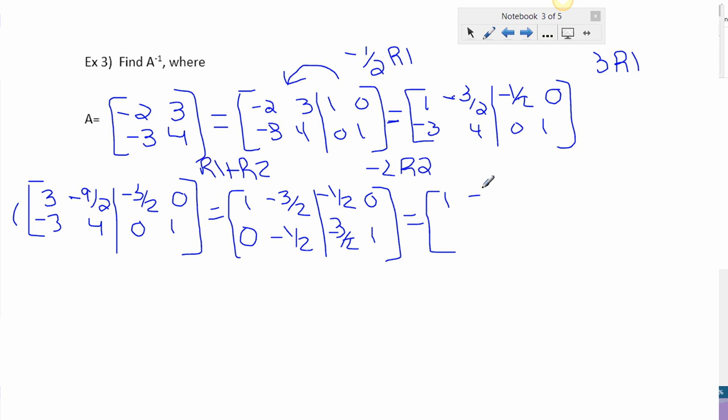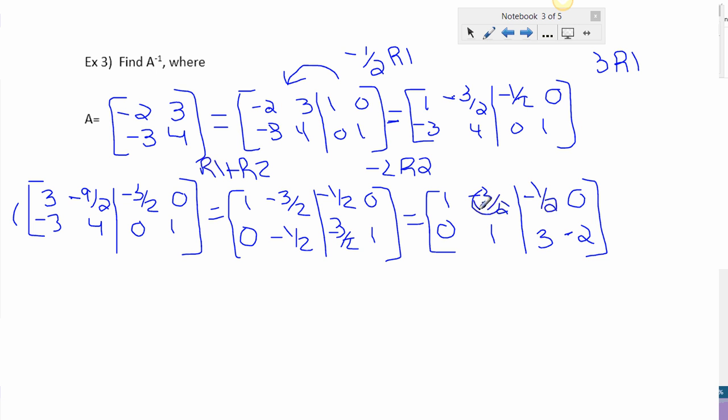So my row 1 stays. And this becomes 1, 3, -2. Okay, so we're a little further. Now we've got to work on that -3/2, right? Well, we need it to be 0.